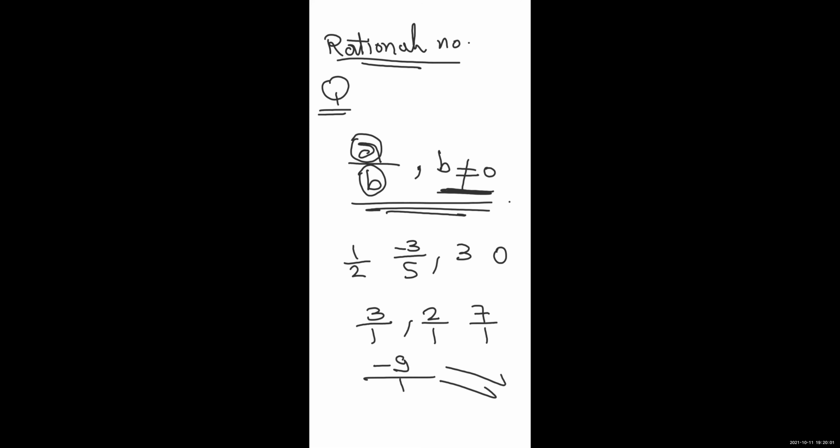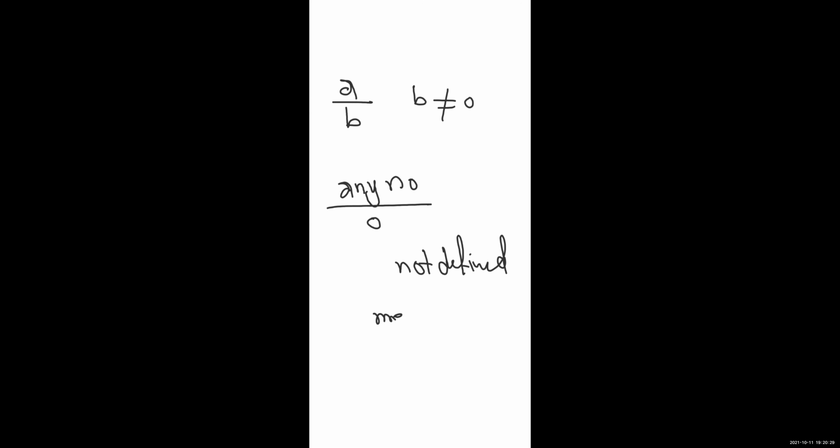Can it be 1 over 0? No, no, never. Okay, just 1 second, guys. We said that A over B and B not equal to 0. So never think that there is a denominator of 0, because any number over 0 is not defined, or in other words, meaningless.